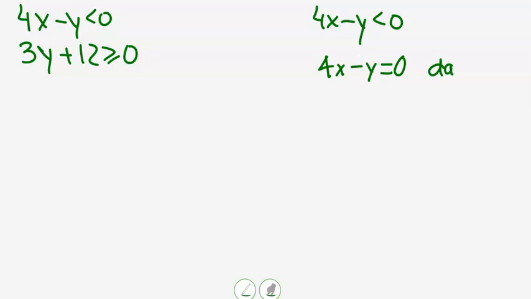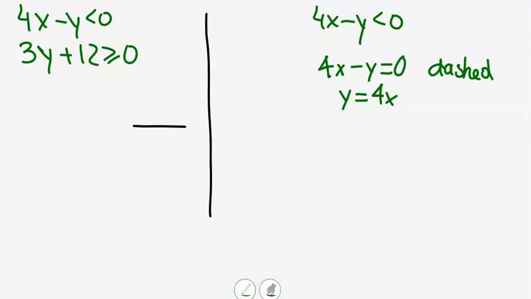Okay, let's just write it here so we would remember that the line is dashed. So how do we graph it? Would you solve it for y again? Yeah. Okay. We'd add y to both sides, so this would be 4x equals y, or just y equals 4x. And this is a pretty easy function to graph. Okay, I will make our coordinate plane here. So this is the x-axis and this is the y-axis. So how do you graph this line?